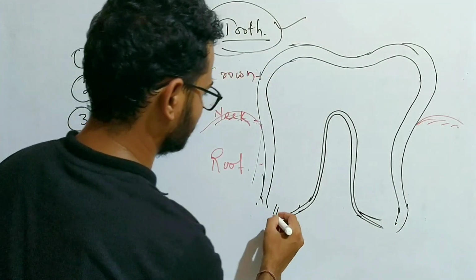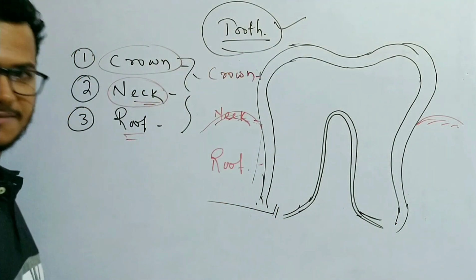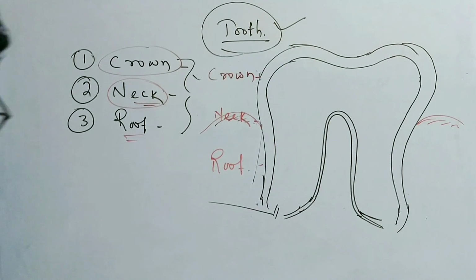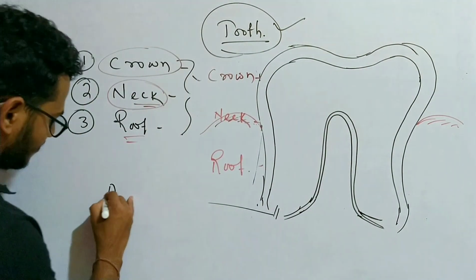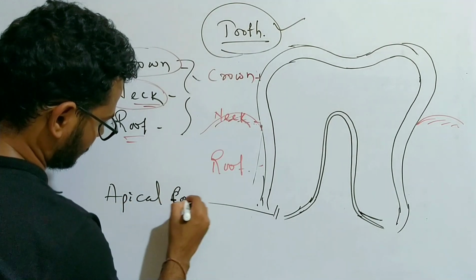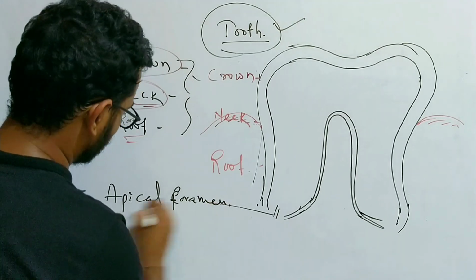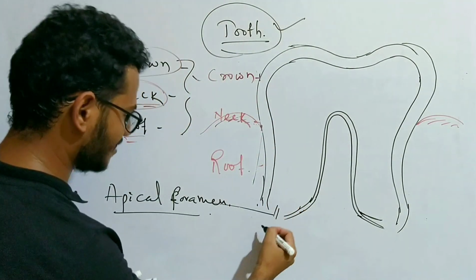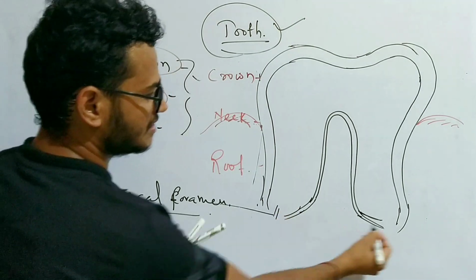This aperture is called the apical foramen. Why? Because it is a type of apex, and here the pore is present.